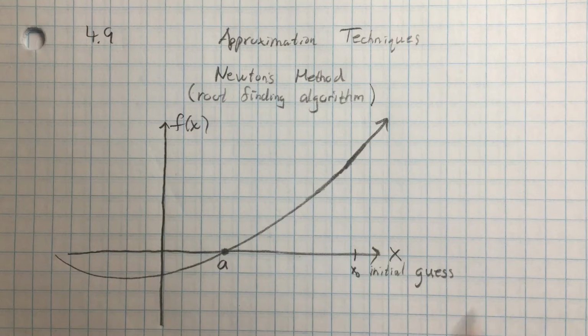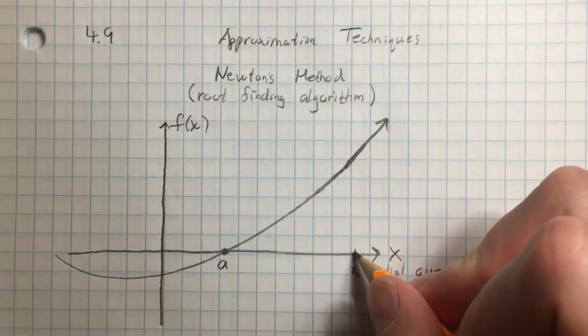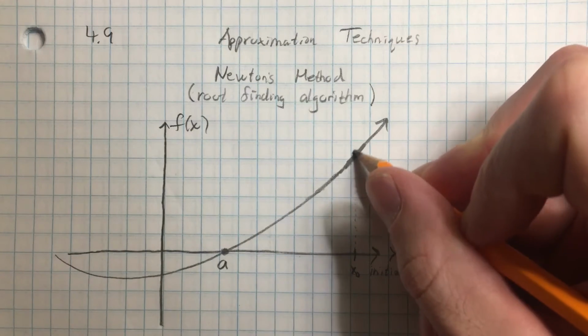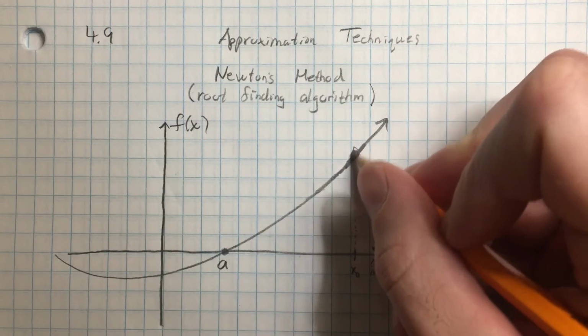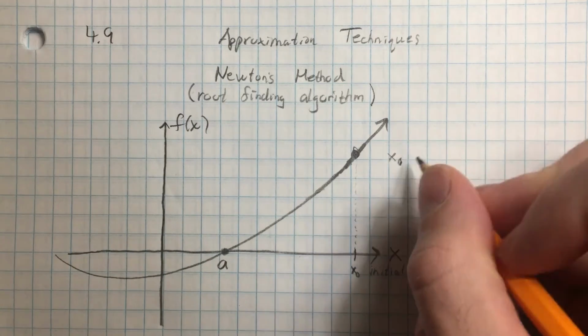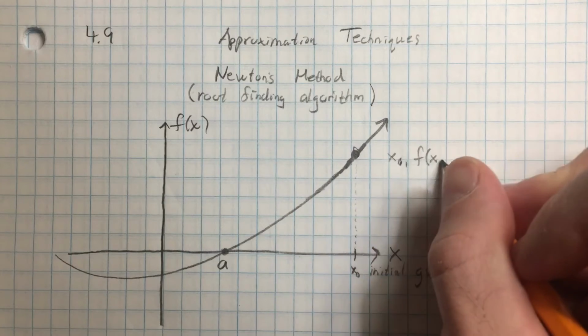And the idea is to then look at where that maps up to the function. Okay? So obviously that point right there is x0, f of x0.